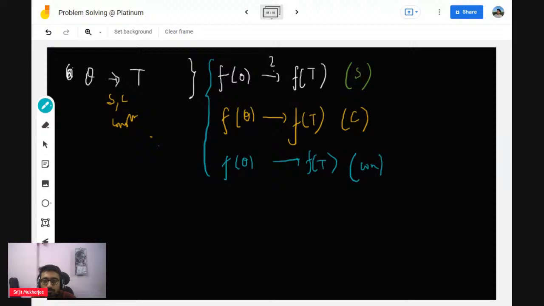I think if T is sufficient for theta, then f(T) is sufficient for theta, not f(theta). That is true.